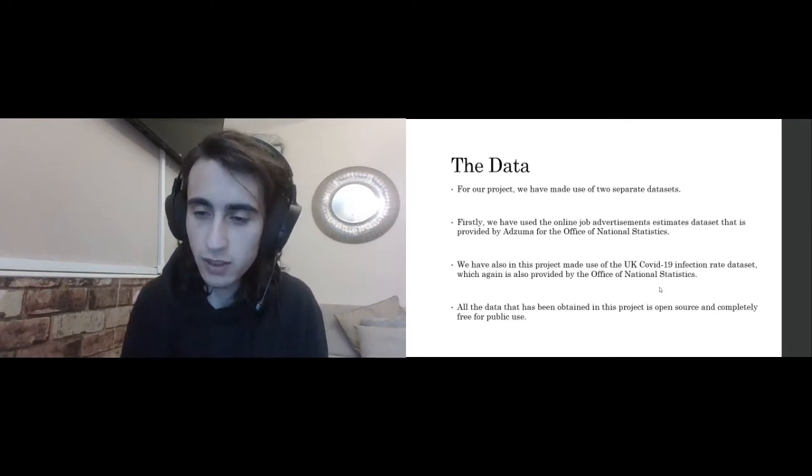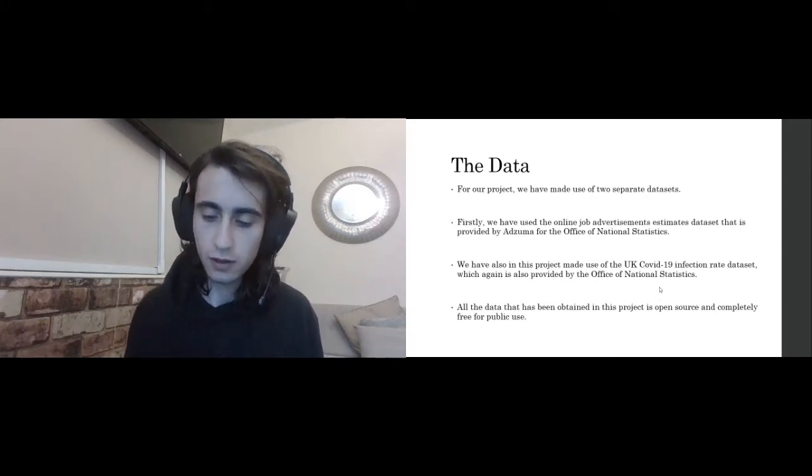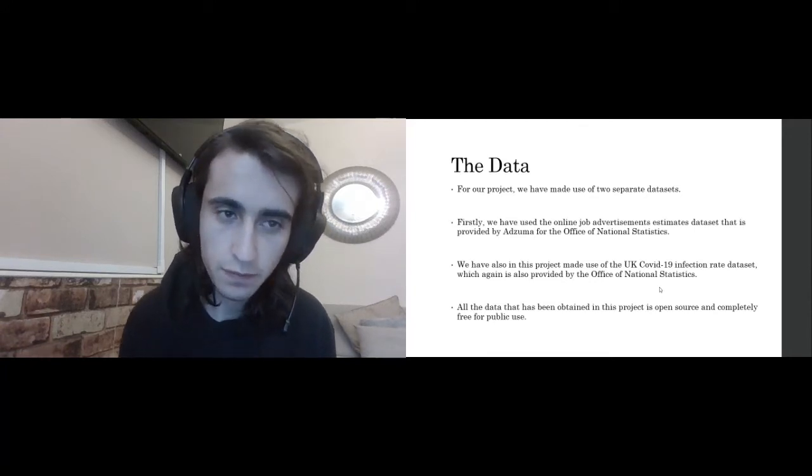All the data that we used was publicly available, all open source. None of it needed us to purchase anything. So that's a really good positive point as well to mention.